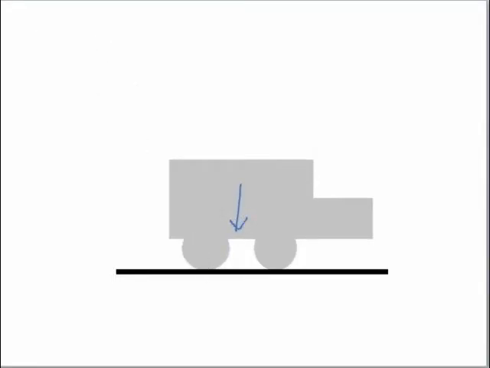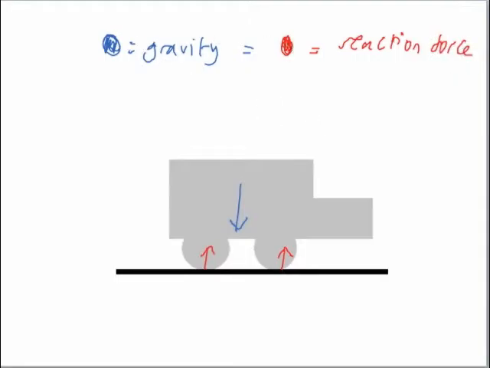A reaction is what the ground exerts back on the car so it doesn't fall through the earth. And these together are balanced. So blue, which equals gravity, equals red, which equals reaction force. And these are balanced whether the car is standing still or whether it's moving.